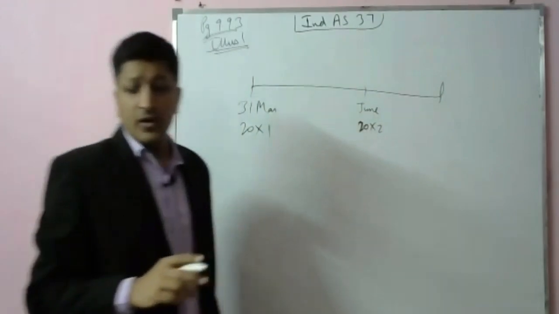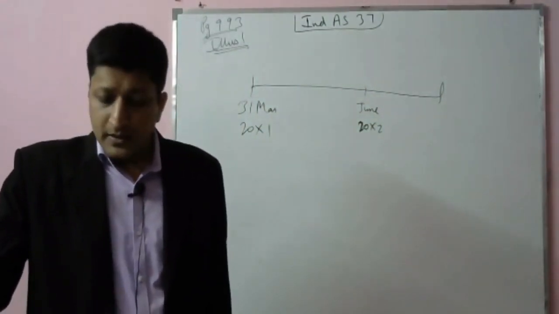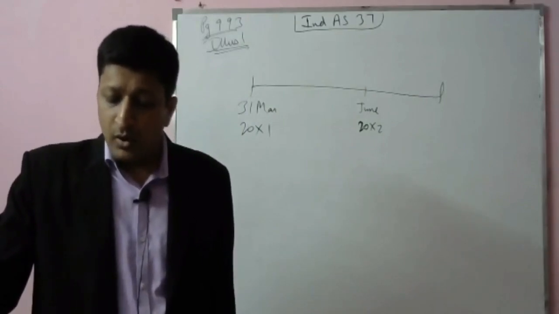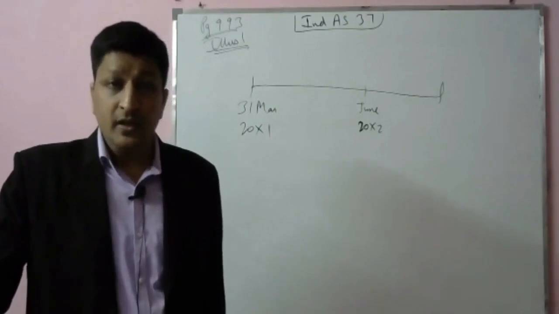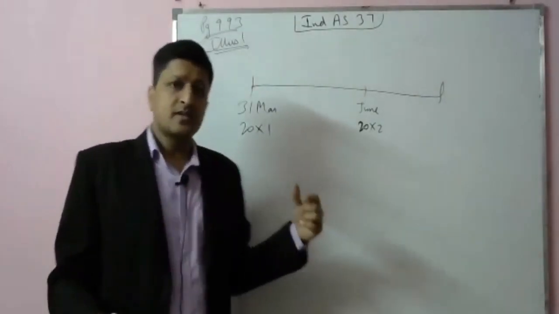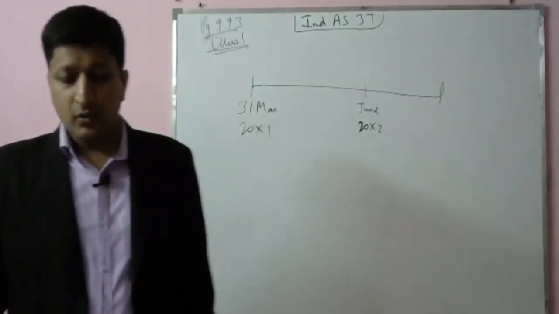It is scheduled for this date. However, the manufacturer is aware that we will not be able to meet the delivery scheduled in June 2002. So there will be a default. This is something which is known on this date to the manufacturer. Who is the manufacturer?